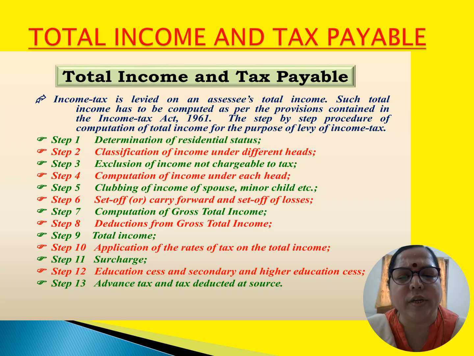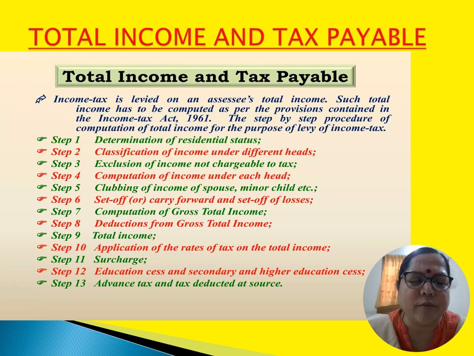Then exclusion of income which is not chargeable to tax is done. Certain income which is not chargeable to tax has to be excluded or is exempted. Then computation of income under each head is to be done. After that, clubbing of income of spouse or minor child is done. Then setting off or carry forward of losses, etc. is done. Then we compute the gross total income in this way.